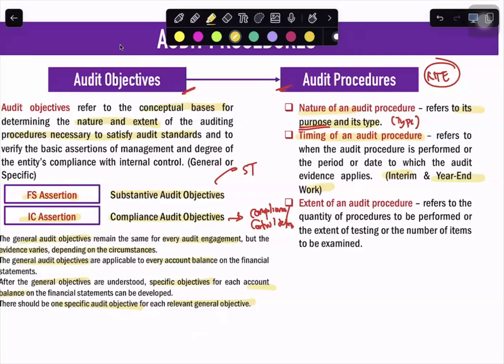And then we have your extent of audit procedure, whether it is more extensive or less extensive. Being more extensive or less extensive depends on our audit risk and the relationship of our risk of material misstatement to our detection risk.